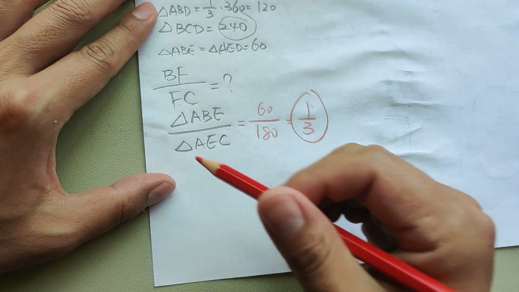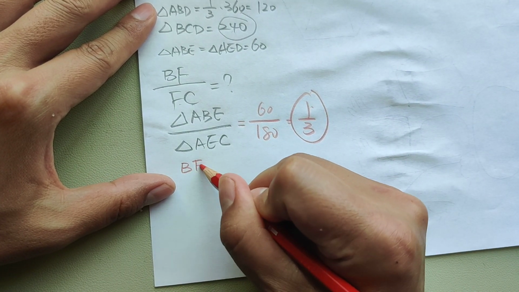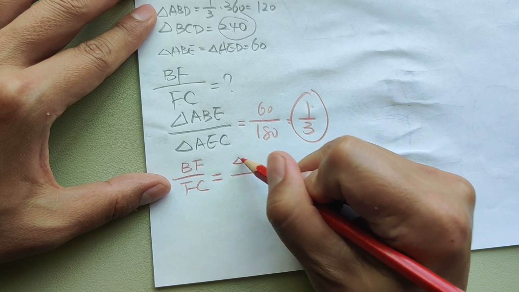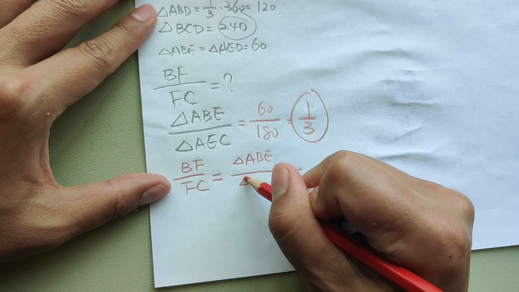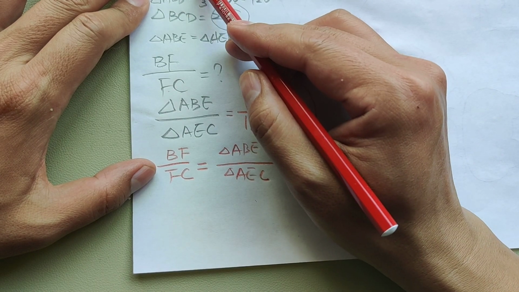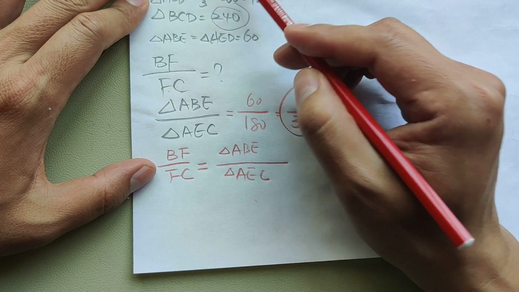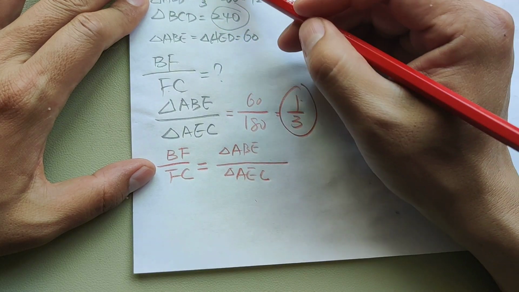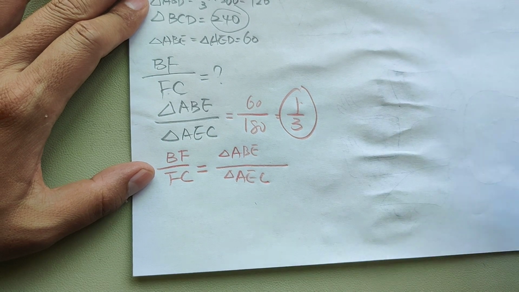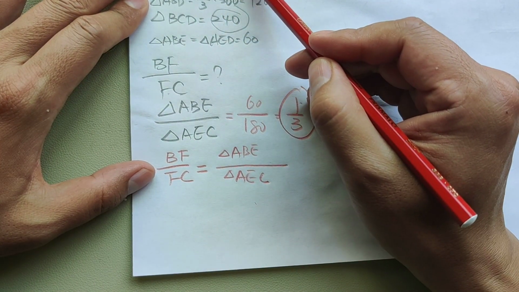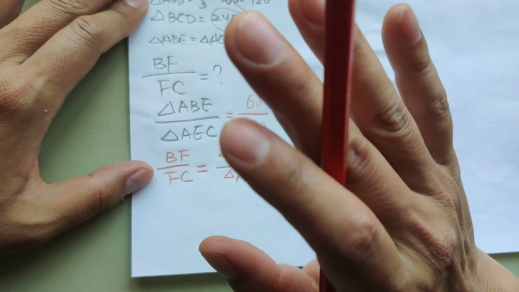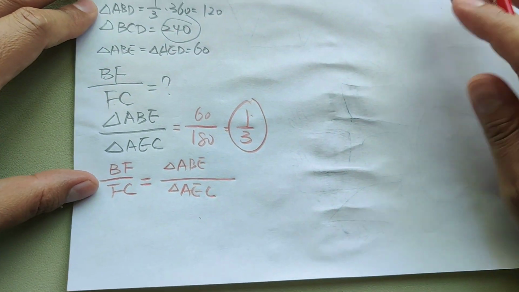I claim BF to FC equals the area of ABE versus the area of AEC. That sounds very obvious, but let me explain to you.